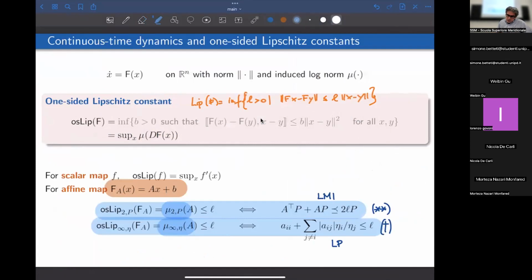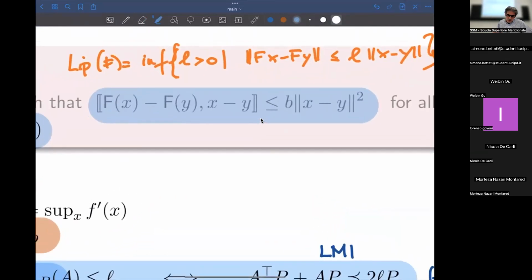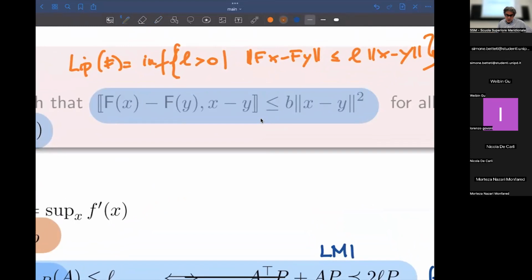But the point is that the one-sided Lipschitz constant can either be defined as the supremum of the log norm of the Jacobian, or if you want to study this theory of weak pairing, basically what it's saying here, and let me do it in the case of Euclidean norm, so it's a little bit easier, is f of x minus f of y transpose x minus y less than or equal to b times the 2 norm of x minus y squared.